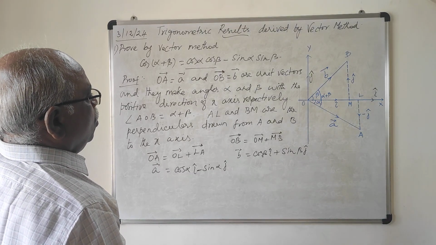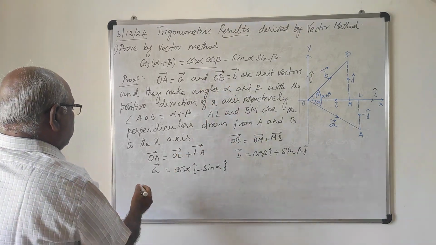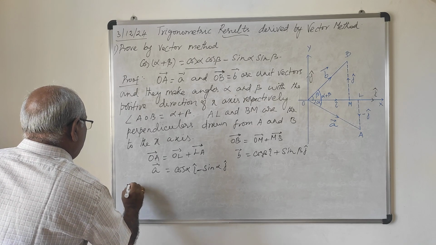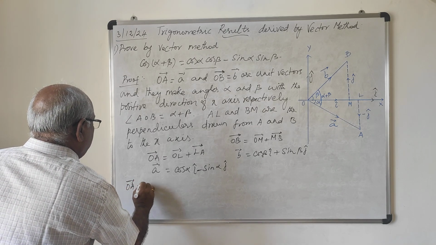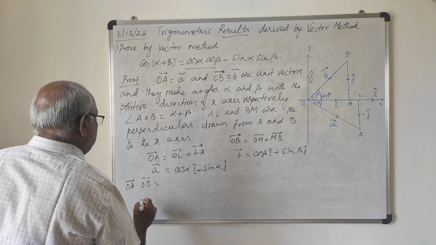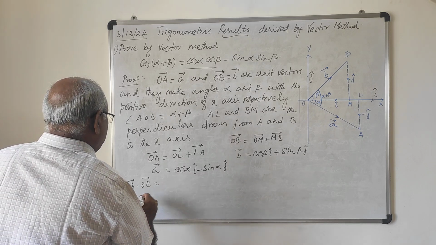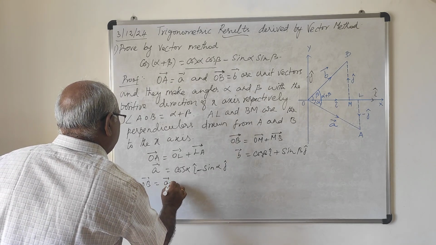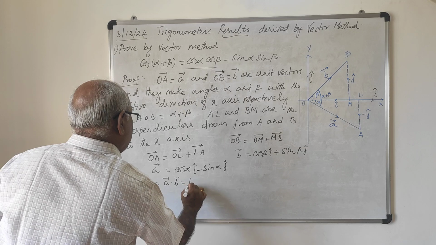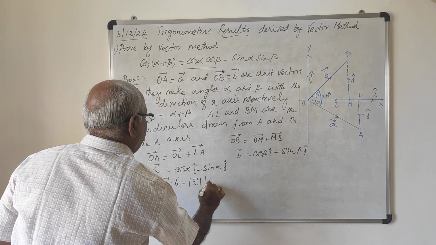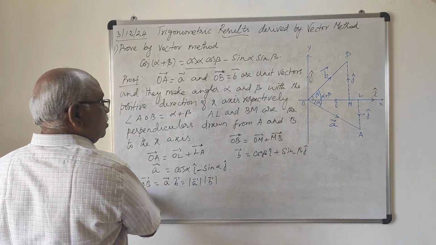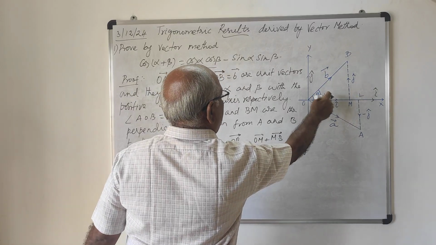Now OA vector dot OB vector, that is nothing but A dot B, equals mod A into mod B into cos of the angle between OA and OB, which is alpha plus beta.